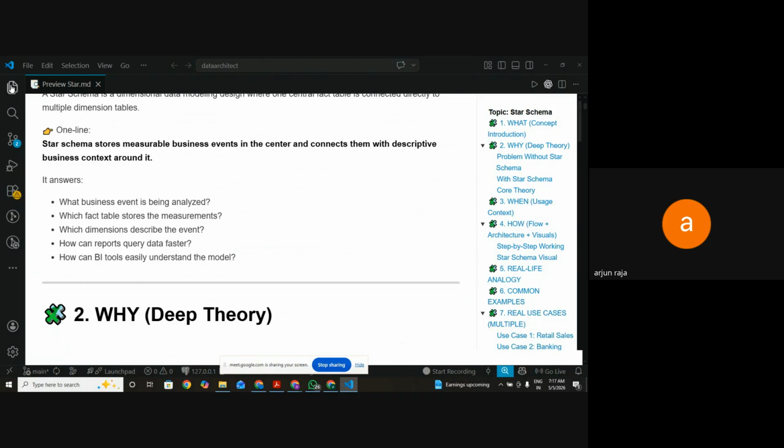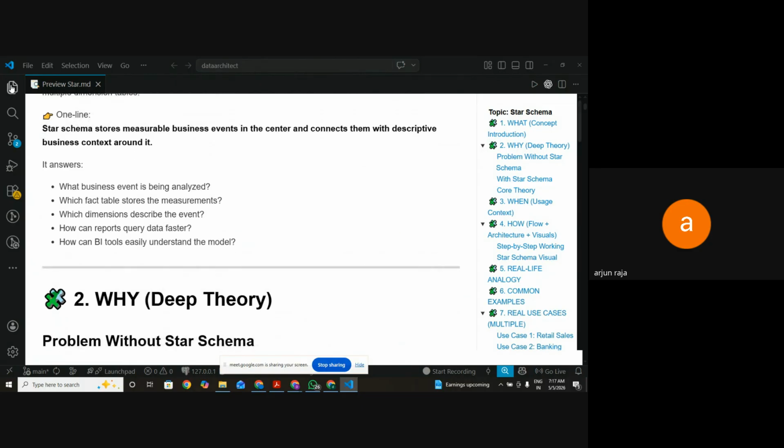It answers what business event is being analyzed, which fact table stores the measurements, which dimension describes the event, how reports can query data faster, and how BI tools can easily understand the model.